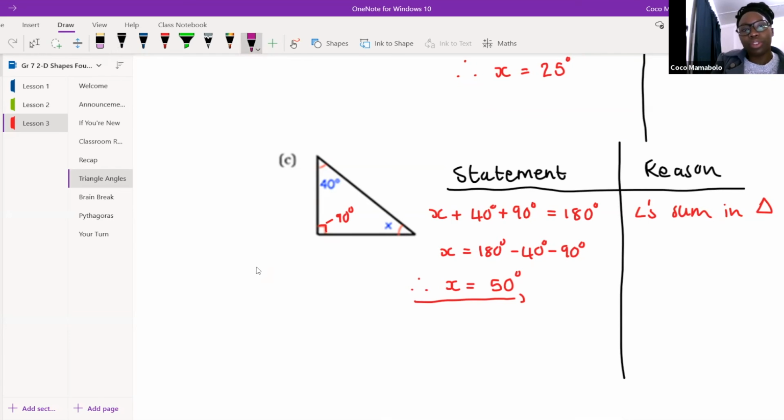If your teacher's marking nicely, they will give you a mark for your statement, a mark for your reason, and a mark for your answer. So this middle part, it doesn't really matter how you get there, but your teacher wants to make sure that you know how you got there. The middle part you can do however you want, but the statement and the reason must be there, and the final answer, therefore x is equal to this, that must be there.